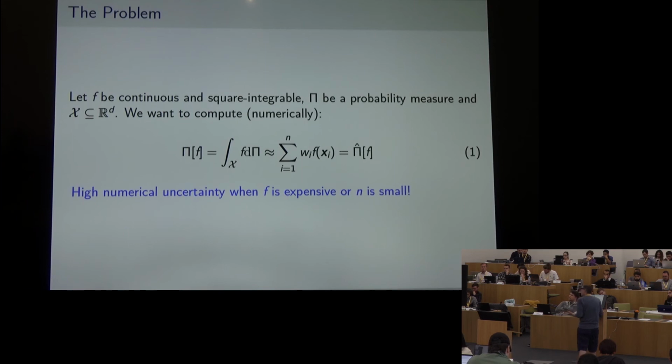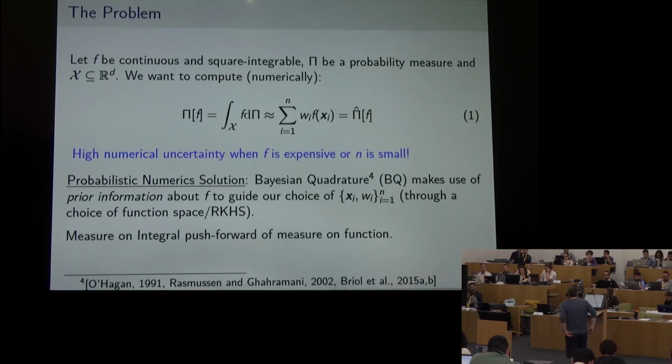So we don't want to evaluate that a whole load of times. So in other words, n is going to be small, and n is small because f is expensive. So we would have high numerical uncertainty in this situation here. And so the probabilistic numerical solution is what's called Bayesian quadrature.